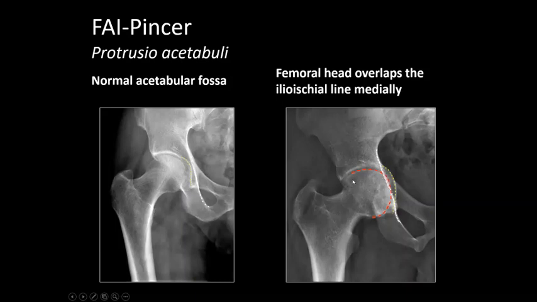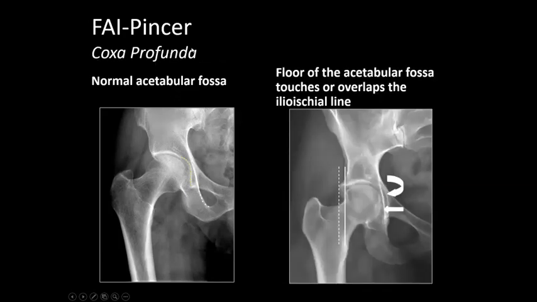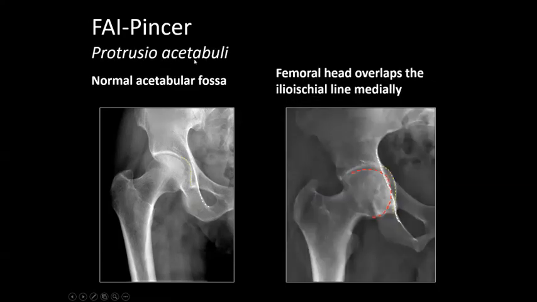So this one is worse than coxa profunda because there is even more central migration of the femoral head within the socket of the acetabulum. This is called protrusio acetabuli. Both coxa profunda and protrusio acetabuli are considered generalized type of overcoverage of the femoral head.